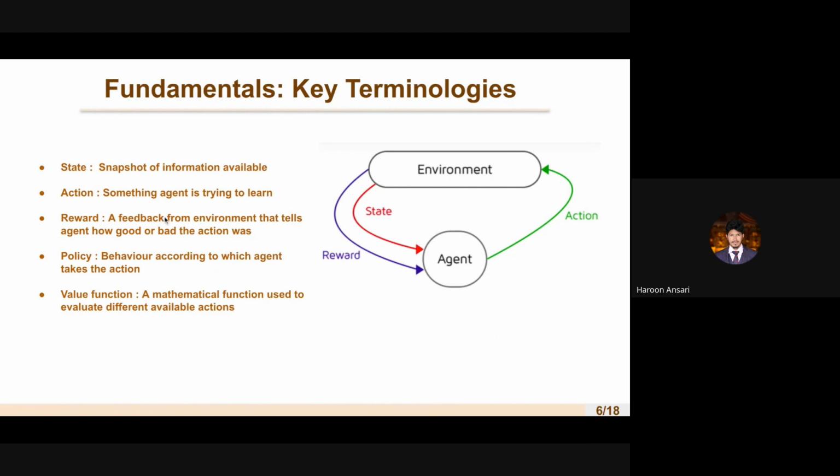So we got the state, we got the action, we got the reward. Now policy is the accumulated behavior of the agent through which it takes the action. The same action is not best in every scenario, right? So when it observes the state, based on that state, it takes a certain action. There are many states, and each state is different. Our agent is nothing but a mathematical entity.